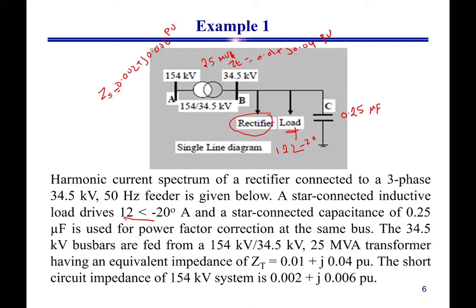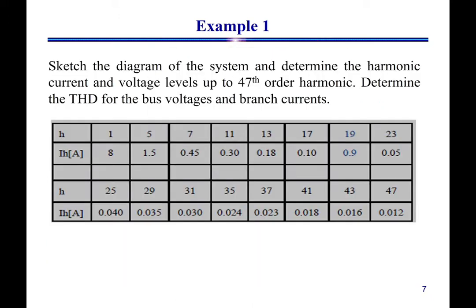Okay, and what is the question? The question is, it says, sketch the diagram of the system and determine the harmonic current and voltage up to 47th order. Determine the total harmonic distortion for both the voltage and for the current. Okay, so this is the value of the harmonic current at fundamental frequency 8, at fifth harmonic 1.5, and so on.